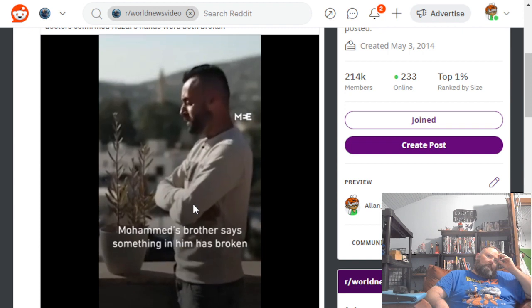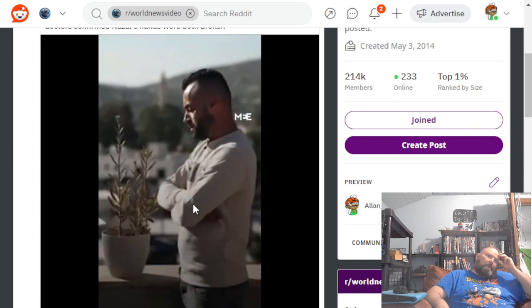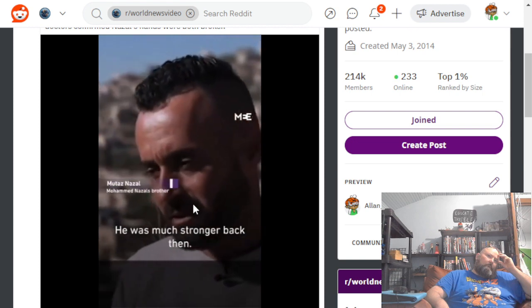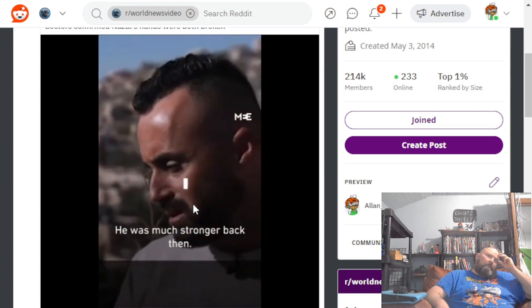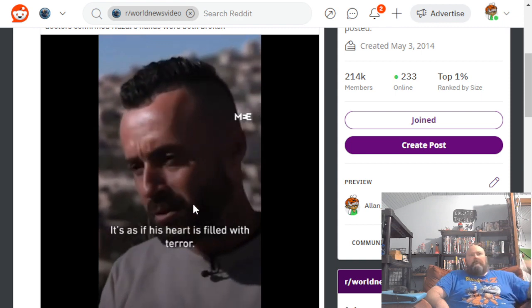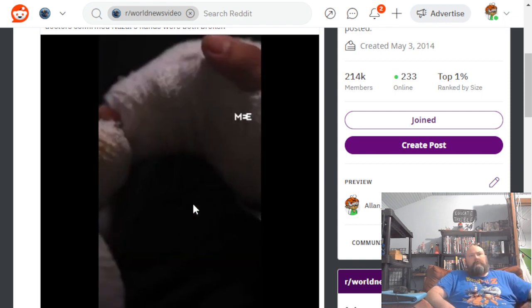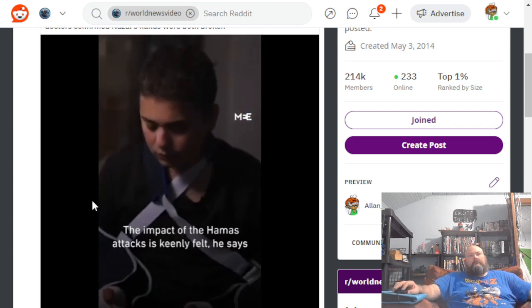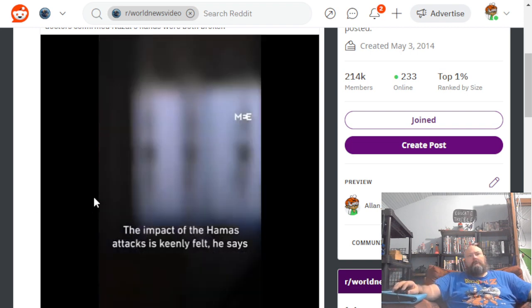Mohammed's brother says something in him has broken. This is not the Muhammad we know. He was much stronger back then. It's as if his heart is filled with terror. Mohammed's freedom was bought by Hamas with Israeli hostages. The impact of the Hamas attacks keenly felt, he says, in the chance of release and in Israeli jails.